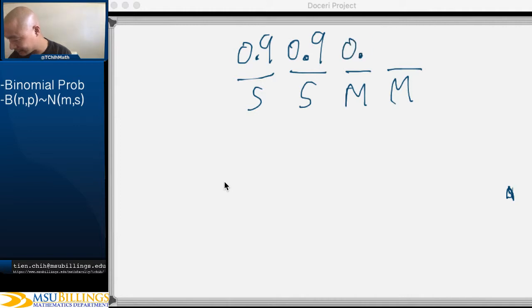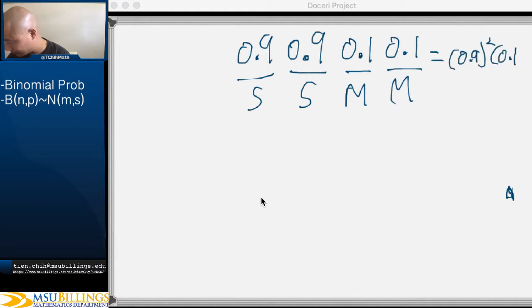The chance of the second two shots missing are 10% each because she has a 10% chance to miss. So the chance that she makes one shot, makes a second shot, misses the third shot, misses the fourth shot, the probability that that exact event transpires is the product, right, of all four of these things, which I'm going to simplify to 0.9 squared times 0.1 squared.